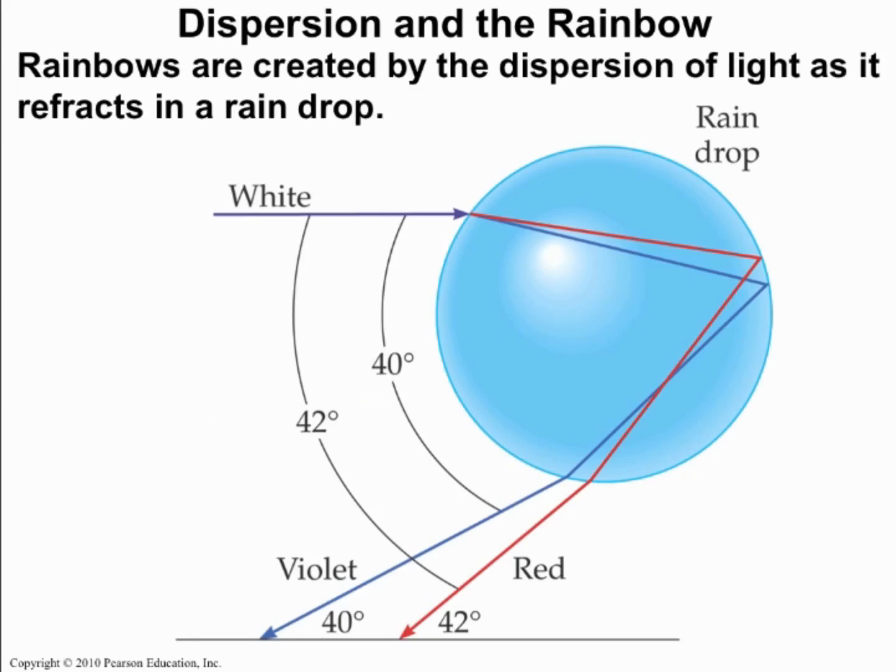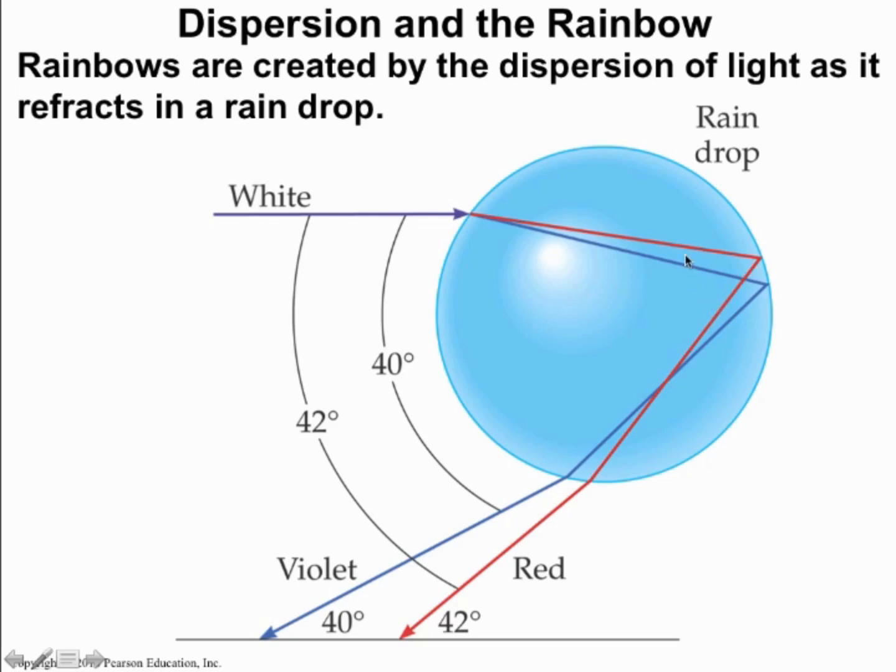So if white light enters a raindrop, it actually refracts on its way in. You can see that the light beams have diverged. And then those light beams bounce back, so there is some reflection inside. Now, why is there reflection inside the droplet itself?